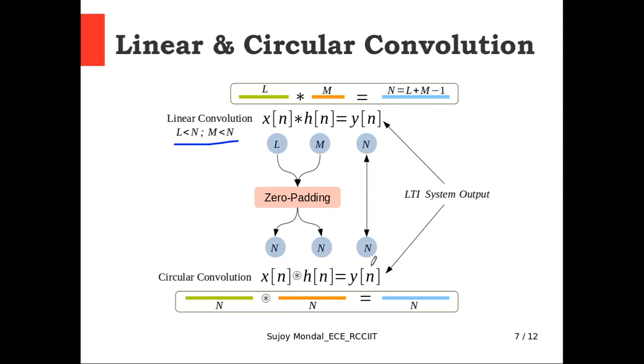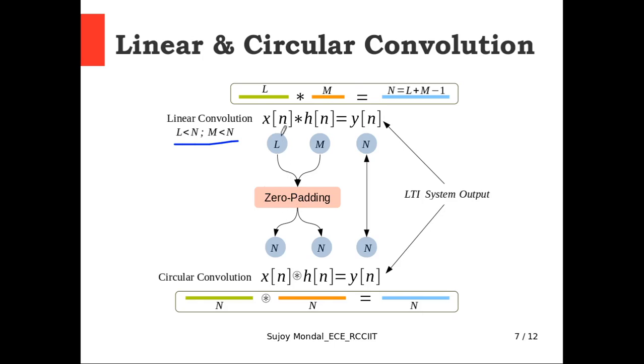So what do we do basically? Since L is less than N, there is an opportunity to achieve the same length for both sequences, similarly M is less than or equal to N. So we append zeros at the end of the sequence, that is called zero padding. We have already seen the technique called zero padding.